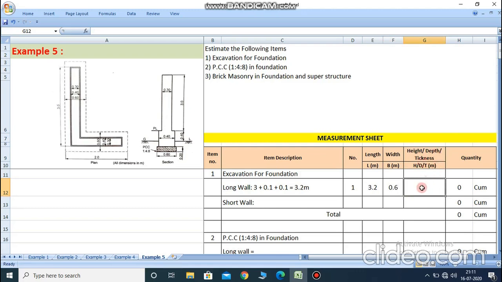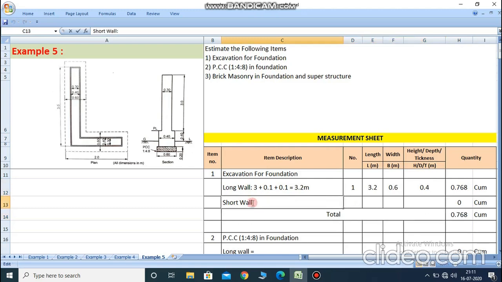Excavation is always counted in depth. So here excavation depth is 0.2 for the PCC work and 0.2 for the brick work. So in total we add up 0.4 as the height for the excavation.